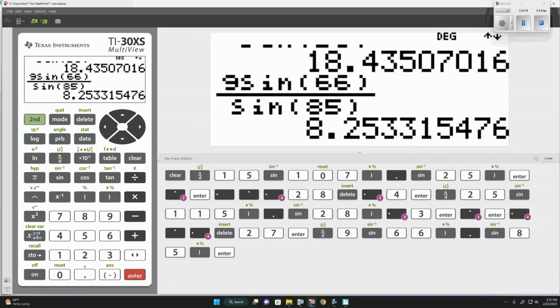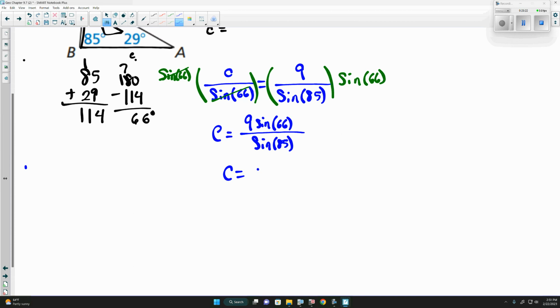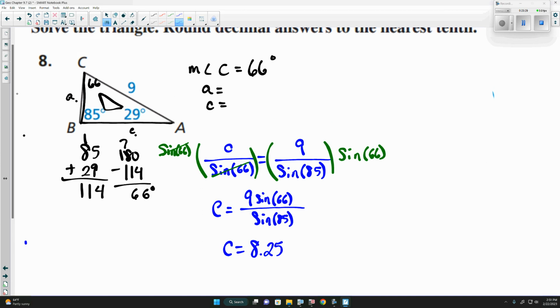Either one. Yeah, because if we did A over sine of 29, we would find side length A first, and then we could go find side length C. And as we said, C's value is still less than 9, yes? So that's what we expected.